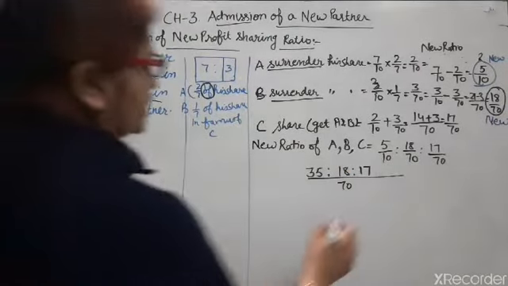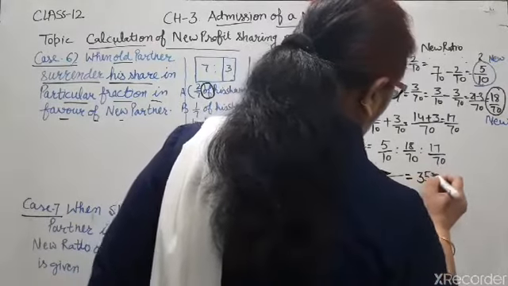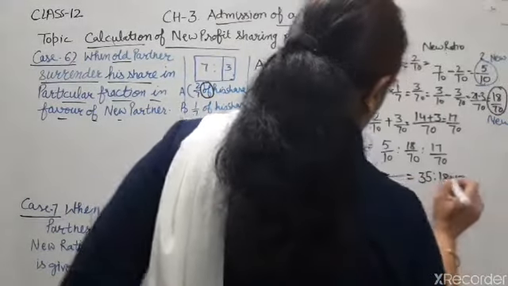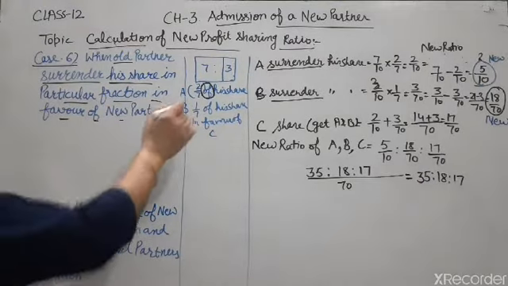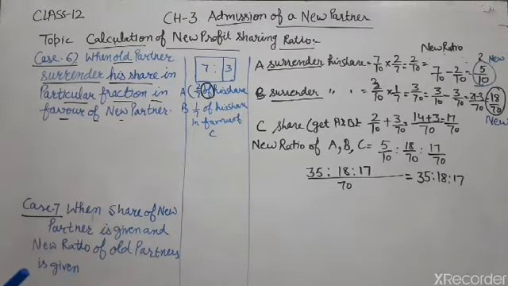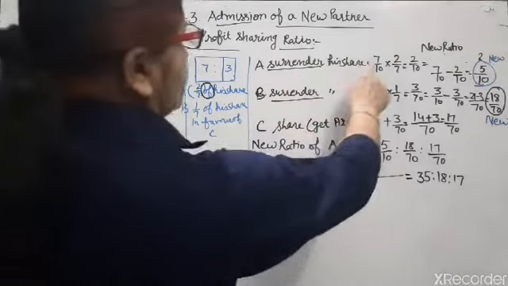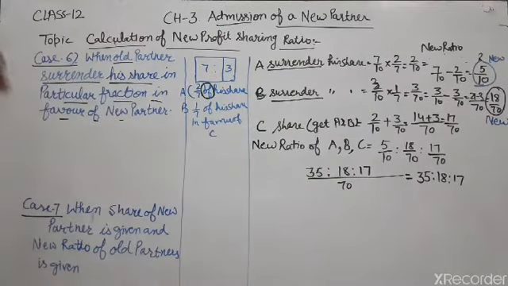So that is the new ratio of the firm. In this case, the surrendered part of each partner is given as a fraction of his share. First of all, we multiply the surrendered fraction with their share.